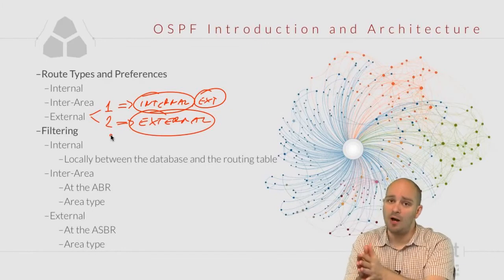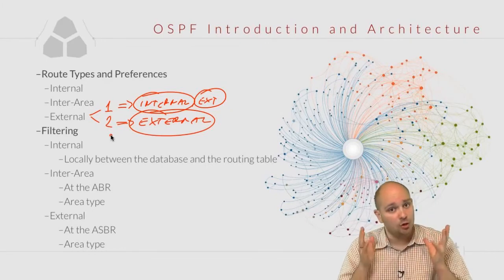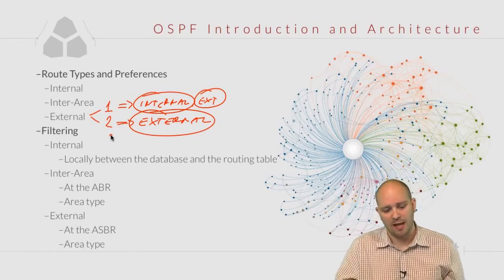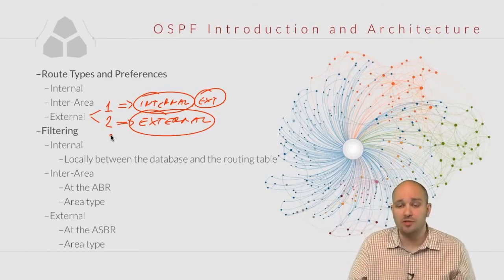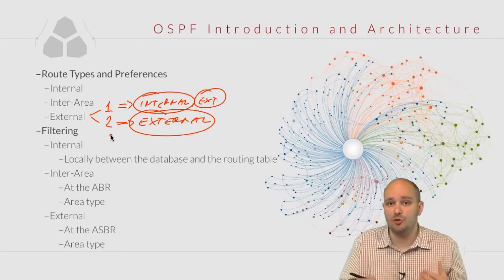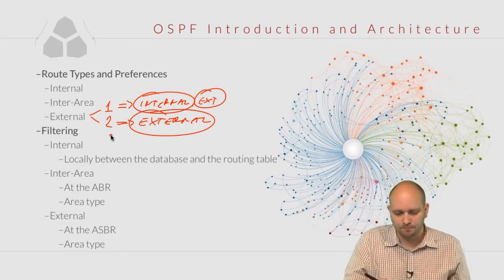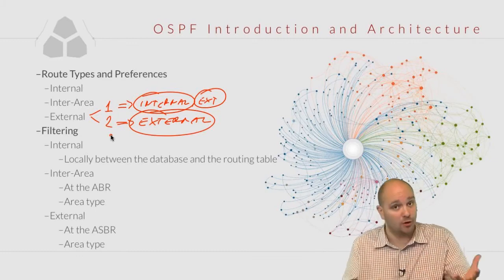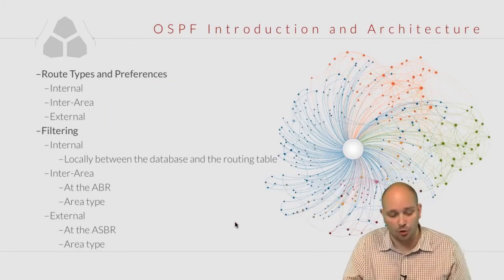But for type 1 metrics, we actually do care what our cost to reach the ASBR is. So again, OSPF gives you the capability to give preference to one or the other type of calculation depending on what you are trying to do in your network.